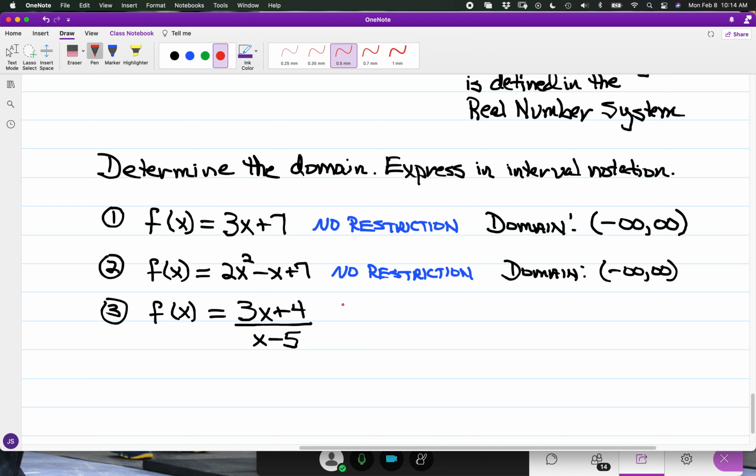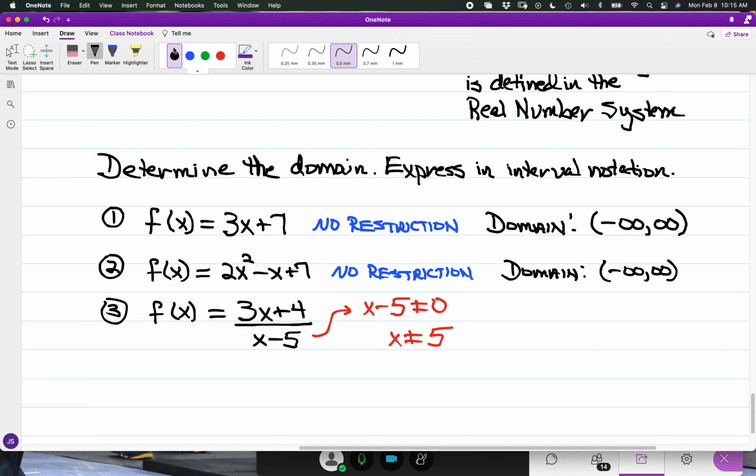So from this, we have x minus 5 cannot be equal to 0, and so in terms of what x cannot be equal to, we have the restricted value of 5.